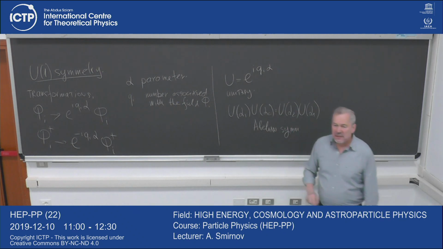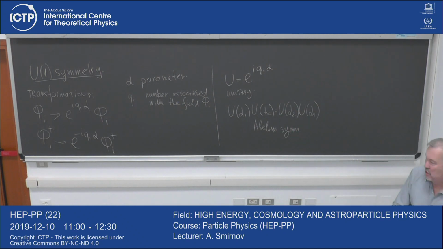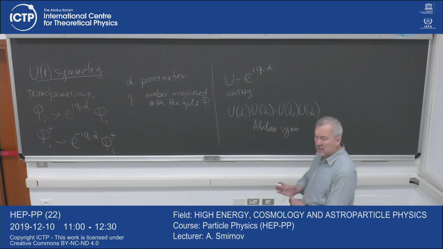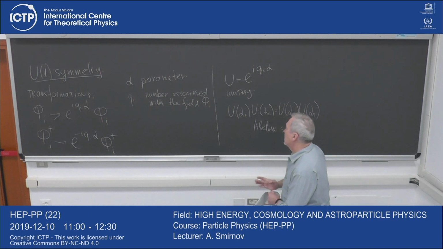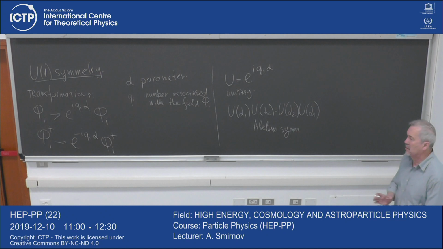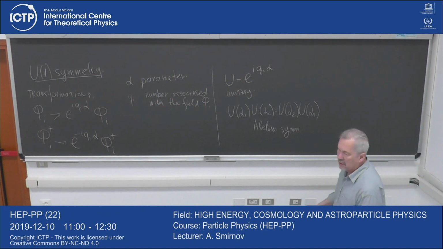Mostly I will discuss global symmetry, which means that alpha doesn't depend on coordinates. In the case when alpha depends on the coordinates, this is called local symmetry, and in this case we are talking about gauge symmetries.